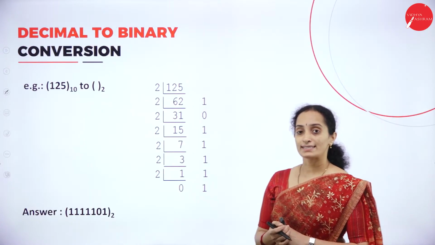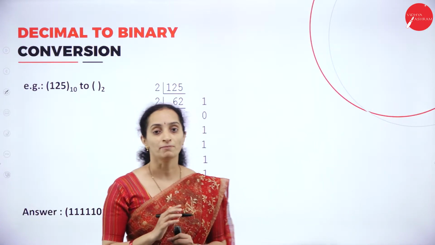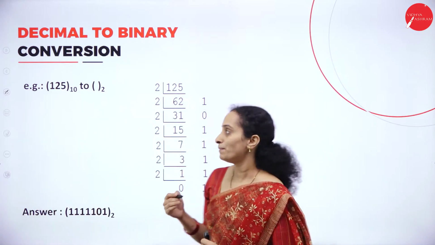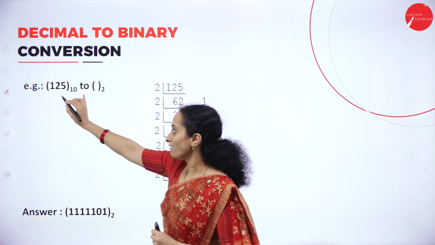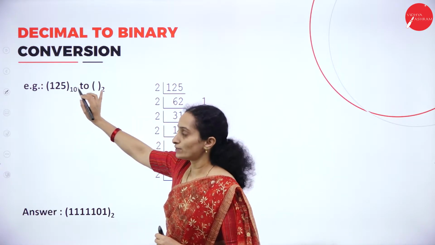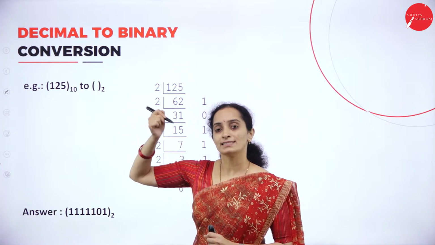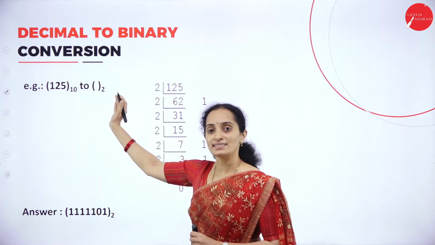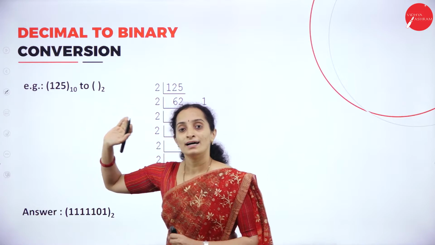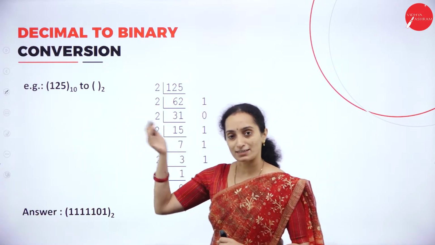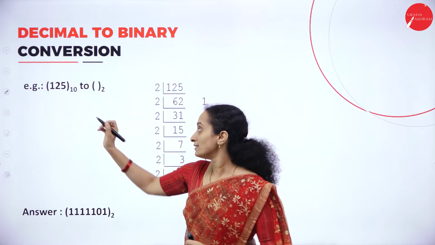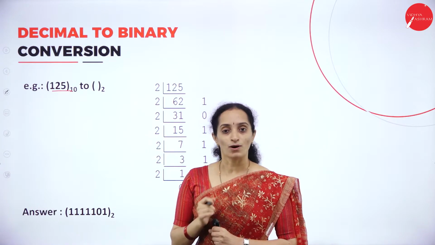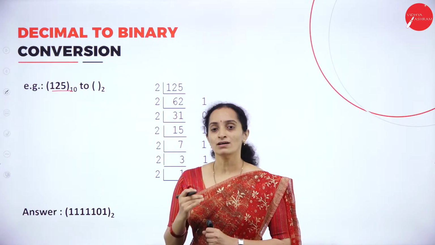Now, we have an example of conversion from decimal to binary. Here we have 125 to the base 10. It must be converted to a number which has the base 2. Since it has only an integer part and no fractional part, what must be done is successive division.